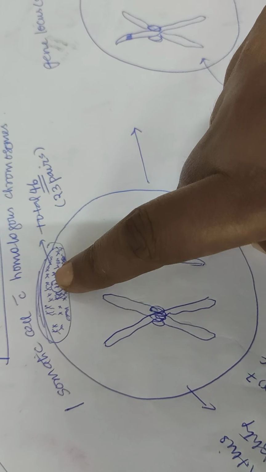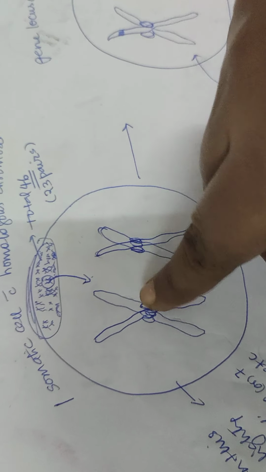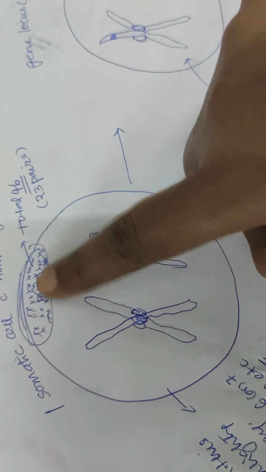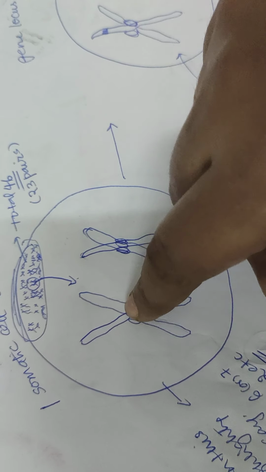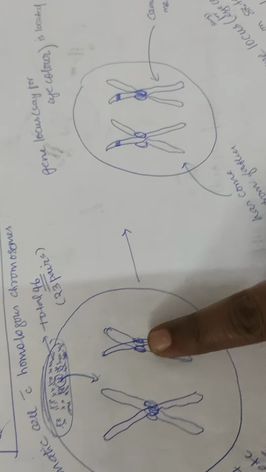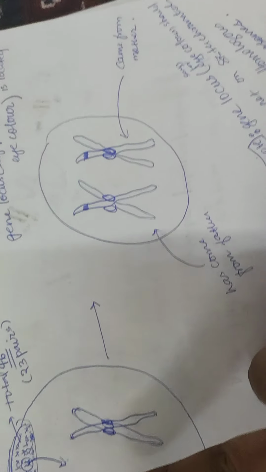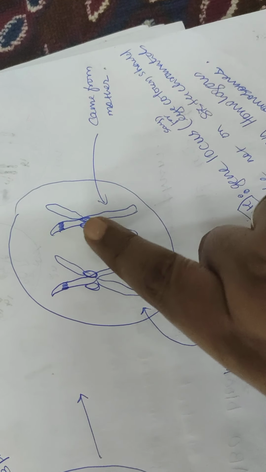So one particular chromosome, say 6, 7 or 2, some chromosome, we have highlighted. Of these 23 pairs, one particular pair of homologous chromosomes we have highlighted. One is coming from father and one is coming from mother.